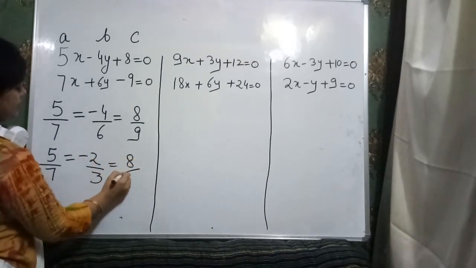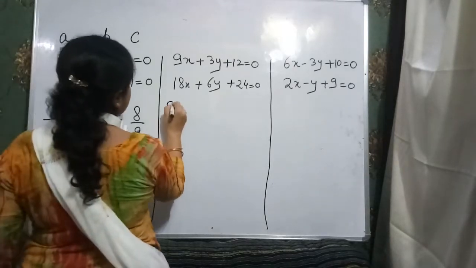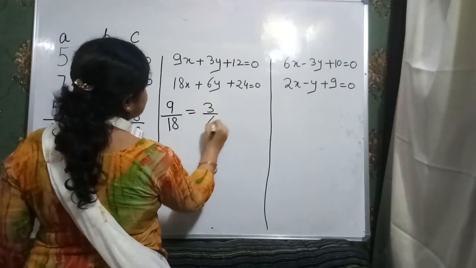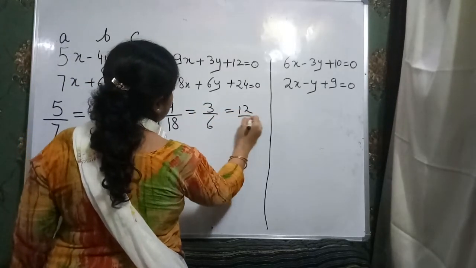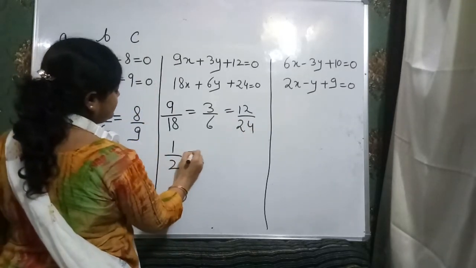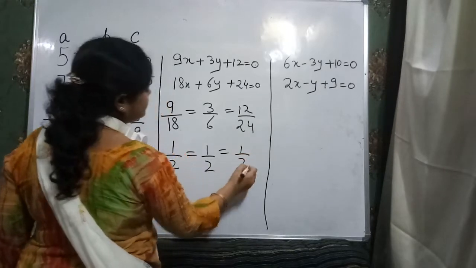Okay, so in the next I write 9/18, 3/6, 12/24, and then write them in their simplest form.